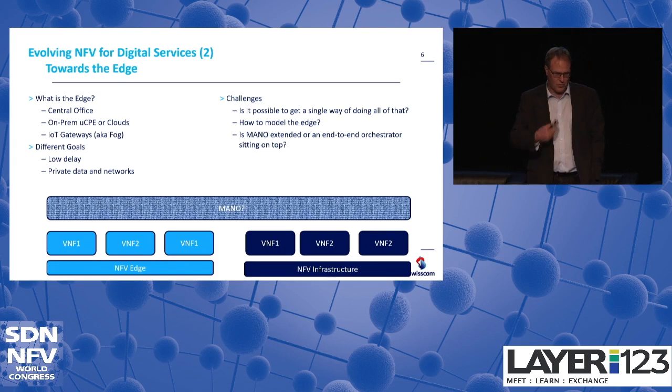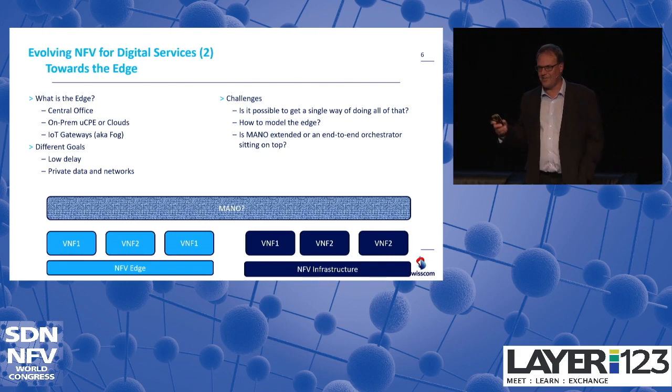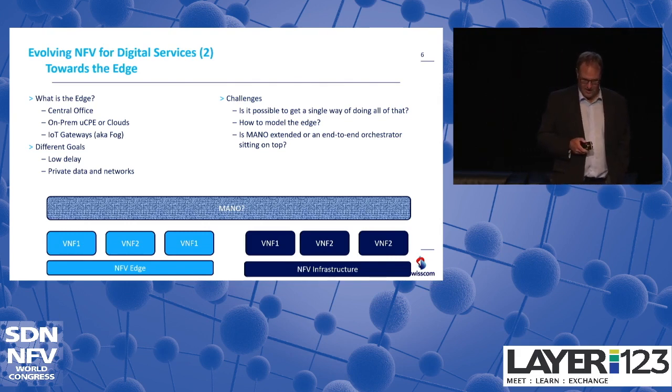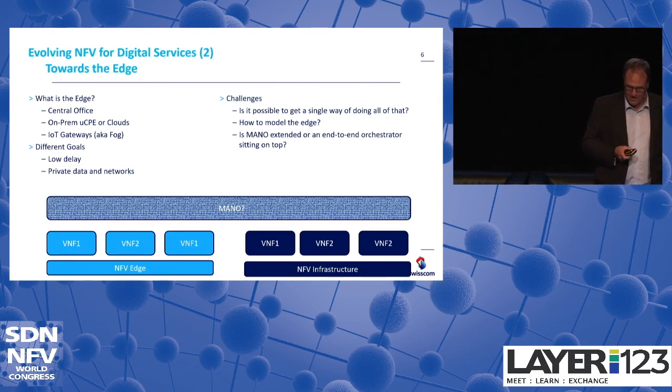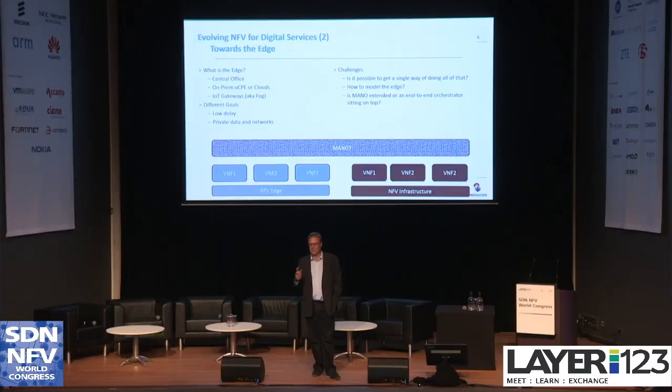I just name 2 here. It's really low delay, which I said for us is not terribly important because we have a small network, but there is another important thing, which is private data and private networks. That's the whole VPN story for B2B and enterprise services. So the question stays, if you have this edge, is it possible to get a single way of doing all of that? I'm seeing now in the industry several edge computing communities, activities, and so on.